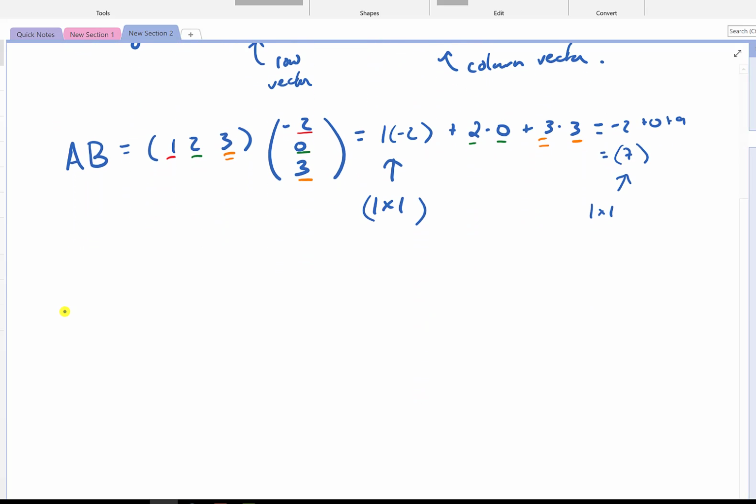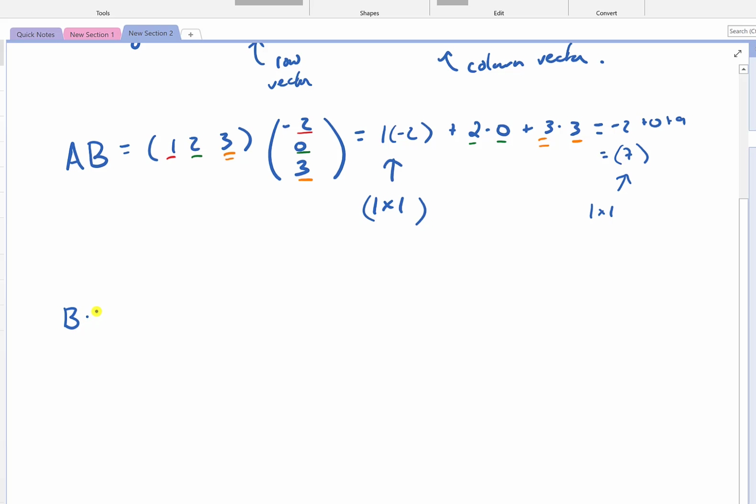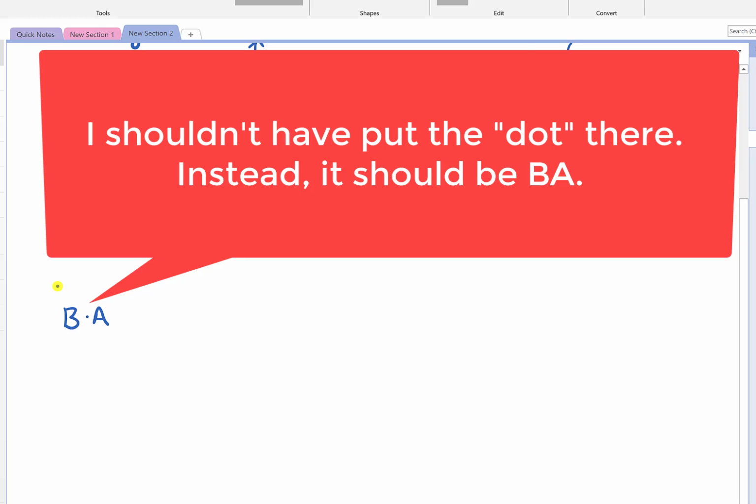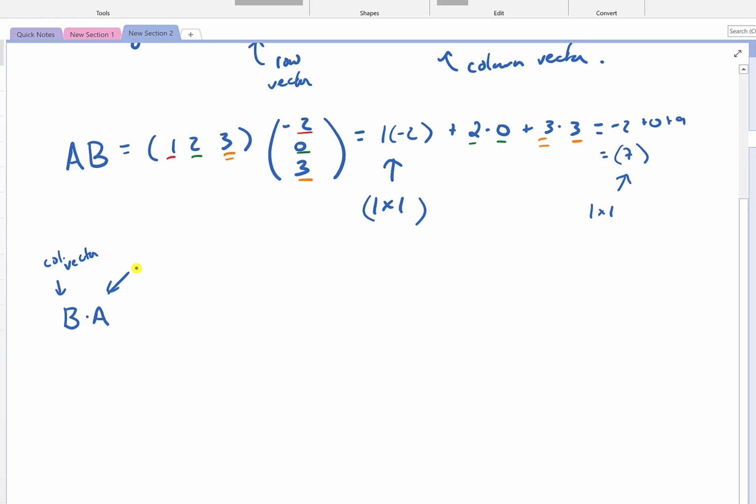Now I want to stress something: if I were to ask you to do matrix B times matrix A, this is a column vector and this is a row vector, and this multiplication is not defined. So this is how it is actually different from what we think of as the traditional dot product. In this case, the multiplication is not defined.